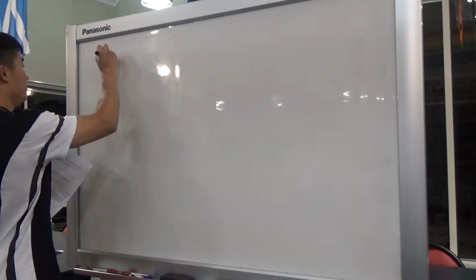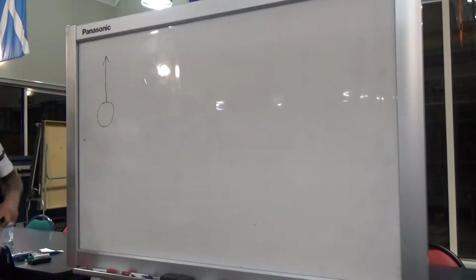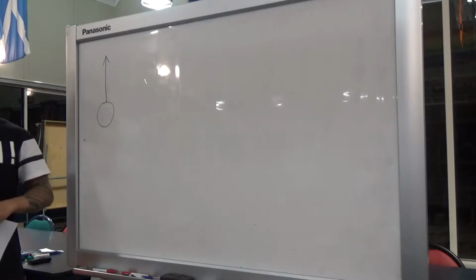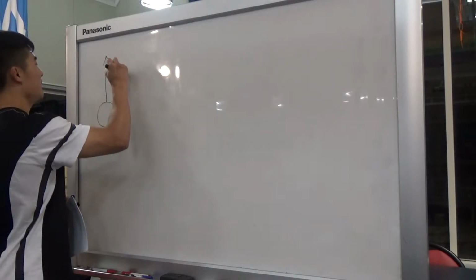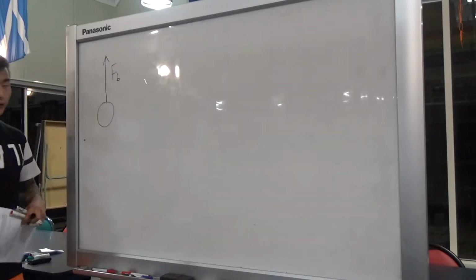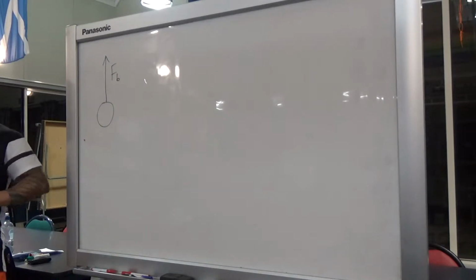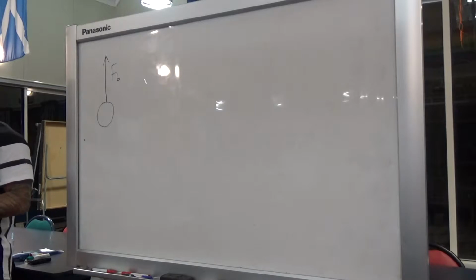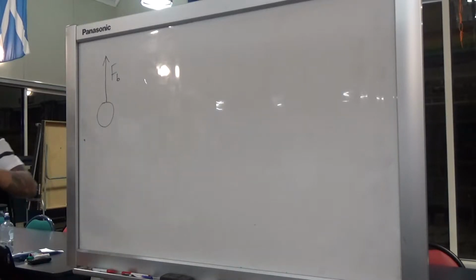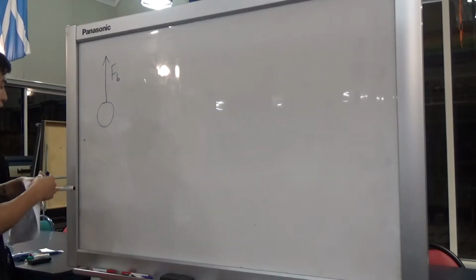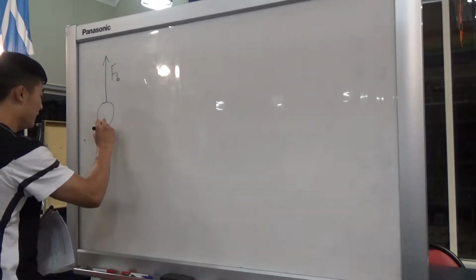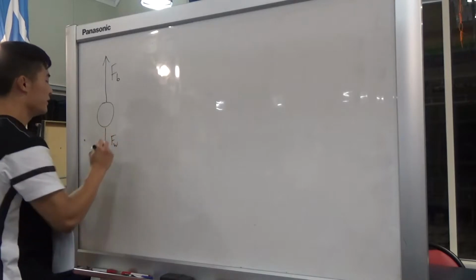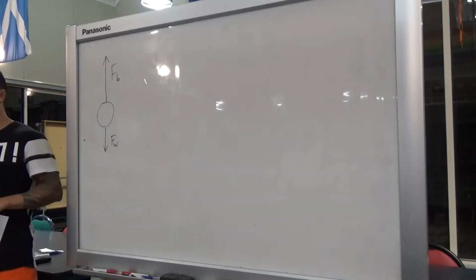We're going to have the forces that are acting on the sphere, right? We're going to have a buoyant force, FB, that's pushing this sphere up, because you've displaced water and the water wants to push it out. And then we're also going to have the weight force, which is due to gravity.